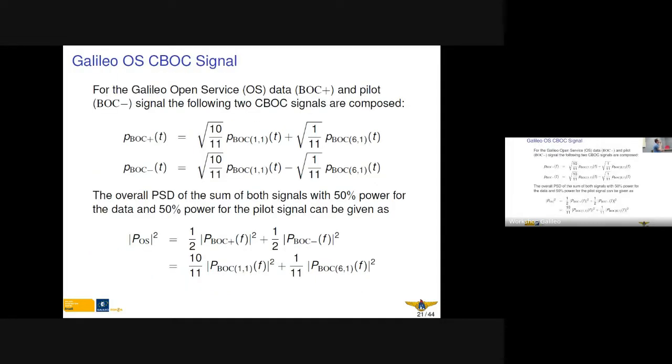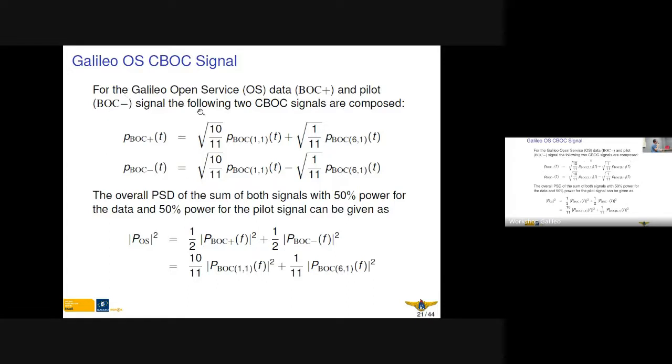For example, this composite BOC approach is used for the open service of Galileo. We can have a look at this signal more in detail. So we have the open service of Galileo having a data component, which is the BOC plus, and a pilot component, the BOC minus signal, following two BOC signals.